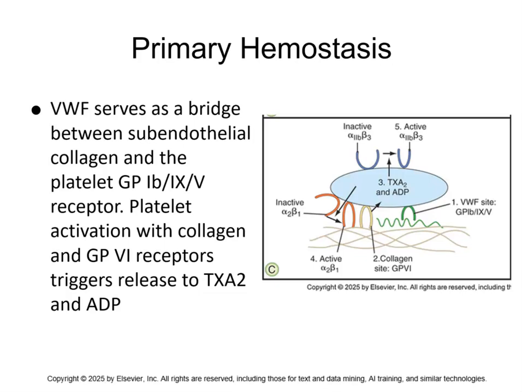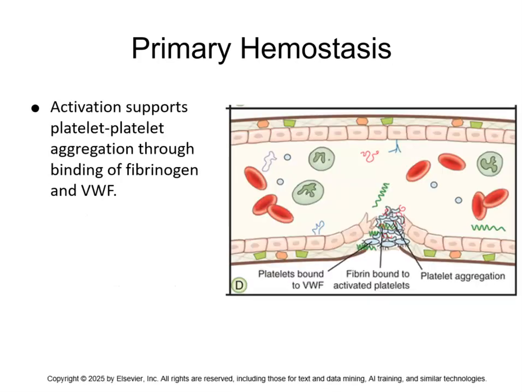So von Willebrand's, as you can see here, actually gives us another latching point. And you can see the receptor for that, the 1B-IX, which is the von Willebrand's, to allow it to attach to the collagen. So we have two things to anchor it. And then you can see the blue circular thing in the middle. That's where the platelet is now attached, and it's going to be releasing thromboxane A2 and ADP to allow more aggregation of platelets to occur.